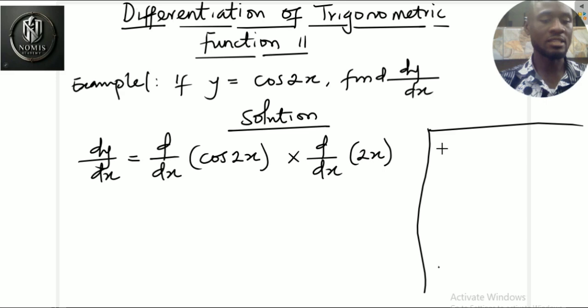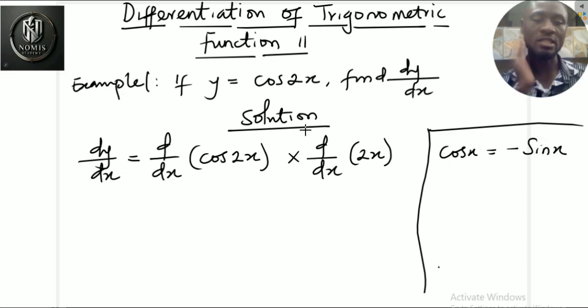Remember that I said when cos x is differentiated, we have minus sine x. So what happens in this case that we now have cos 2x? Will it give us minus sine 2x? No. So let's see how cos x becomes minus sine x, and then we use it to solve this particular question.